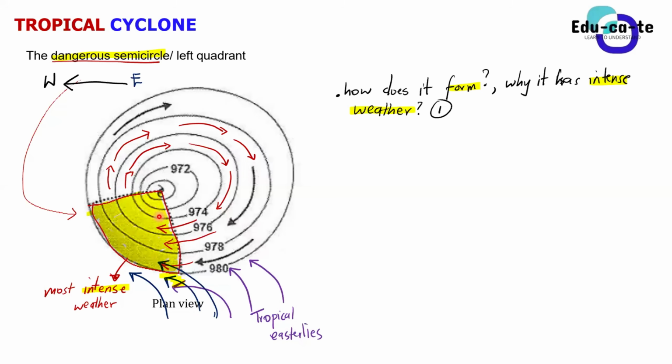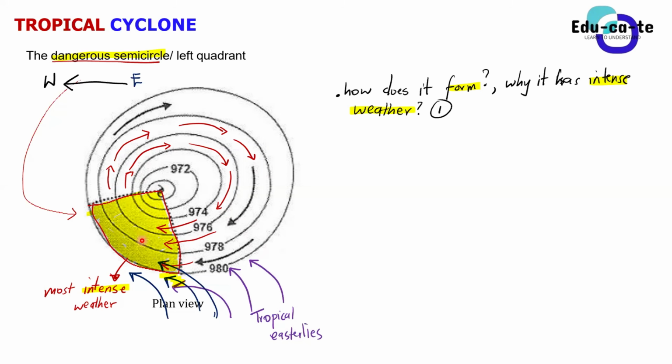We form a specific region known as the dangerous semicircle, otherwise known as the left hand quadrant. It has the most intense weather conditions, especially the winds. The winds at the dangerous semicircle are the highest.